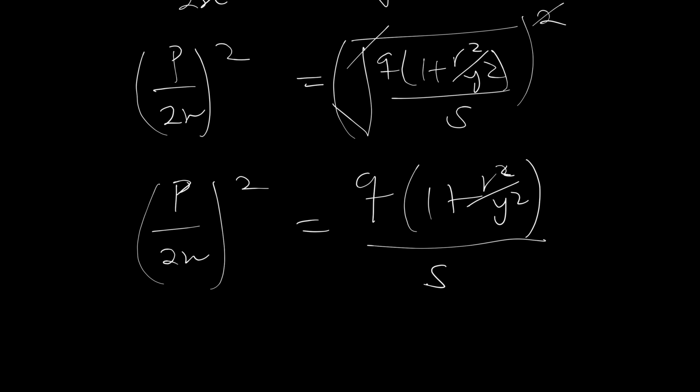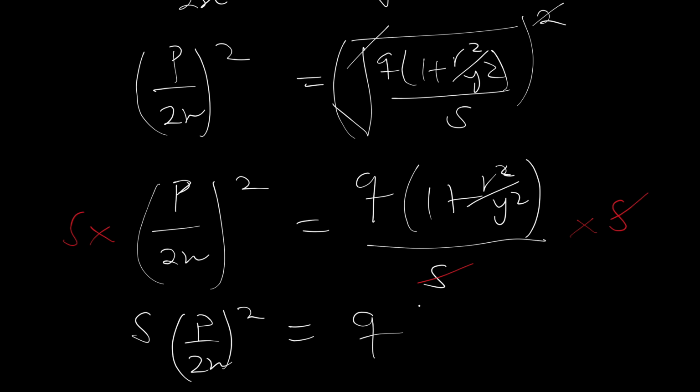So to get rid of the fraction, we multiply both sides by s. If we multiply here by s and here by s, s cancels s. So we have s times p over 2x squared is equal to q multiplying 1 plus r squared over y squared.